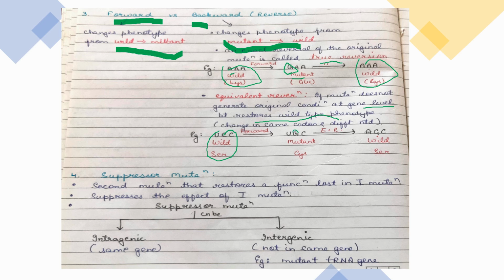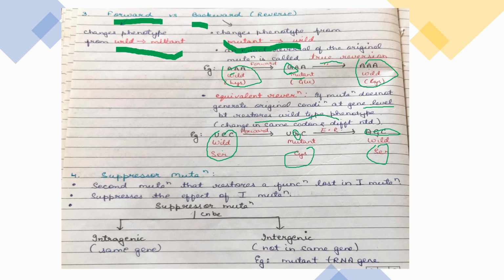Now here C is replaced with G and it codes for cysteine. Now if equivalent reversion takes place, it forms AGC. Now here we can see that this codes for serine, which was our original wild type amino acid.